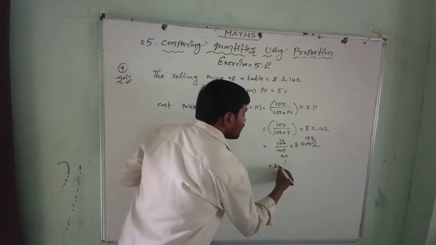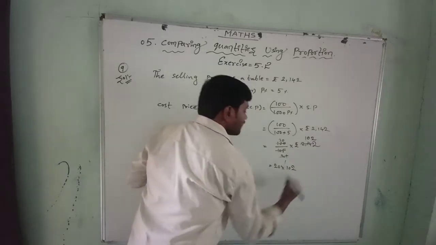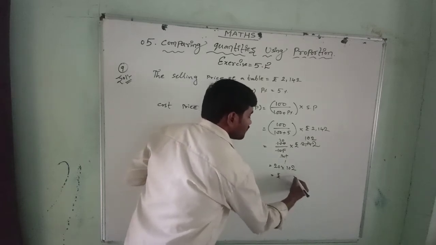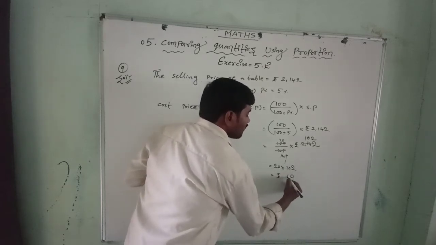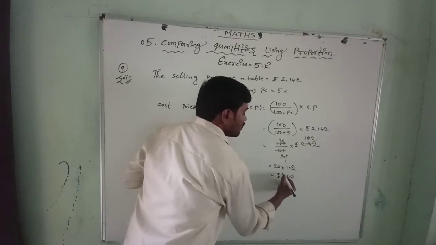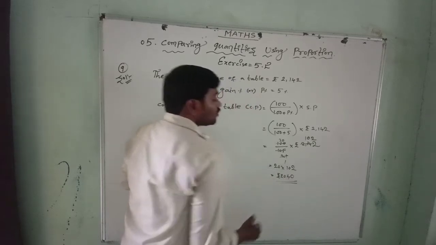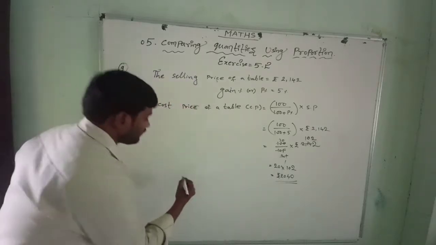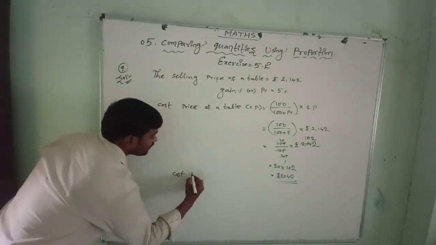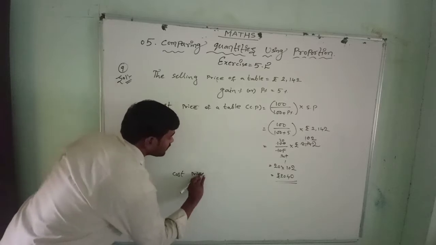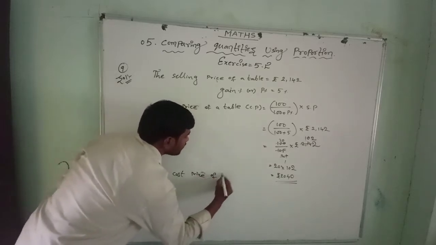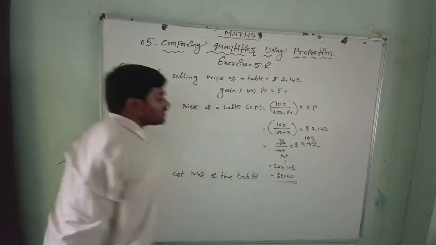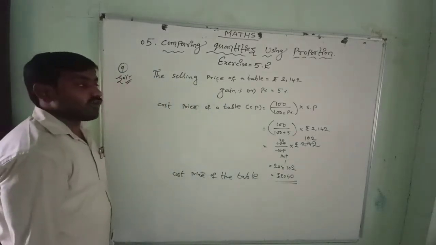Now it is 20 into 102 rupees. Then 2 twos are 4, 2 zeros are 0, and 2 ones are 2. That will be 2040 rupees. This is the cost price of the table. The cost price of the table is 2040 rupees.